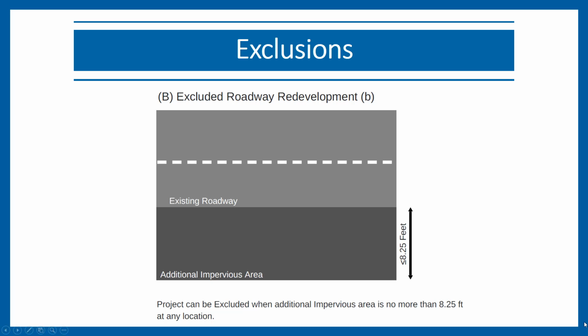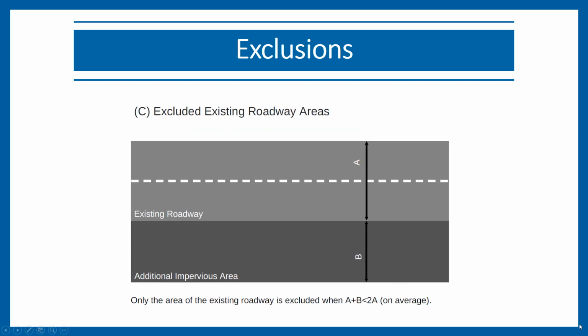Let's say you don't meet that exclusion, but you are adding impervious area to an existing roadway. You may fall under this exclusion, excluded existing roadway areas, and this is not a full site or project exclusion. This one only excludes a portion of the roadway if you meet it. So you're more than 1 acre per mile, or you're more than 8.25 feet, but you're not doubling the roadway. You could use this exclusion, and this exclusion would exclude just the existing roadway.